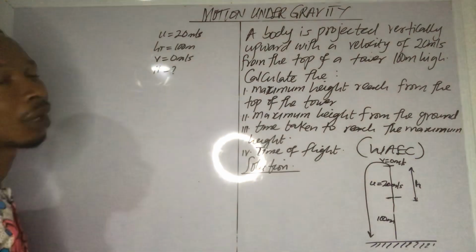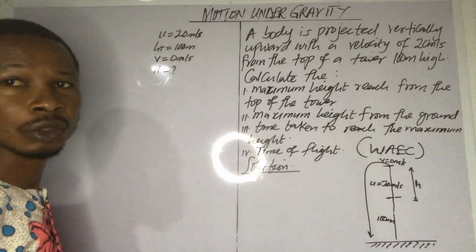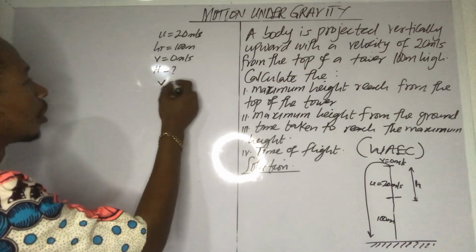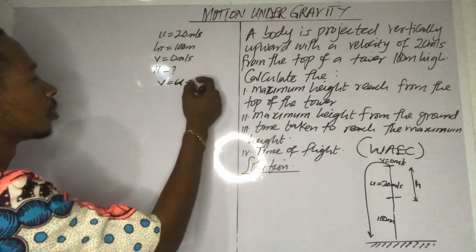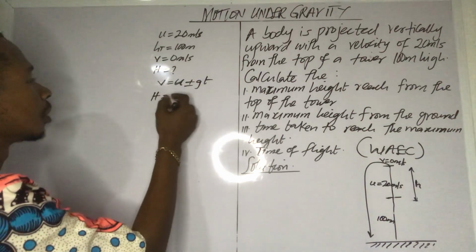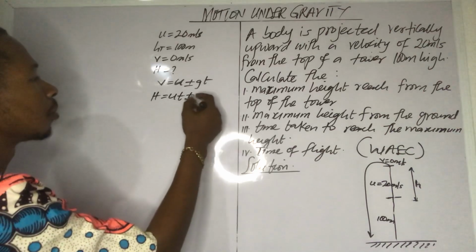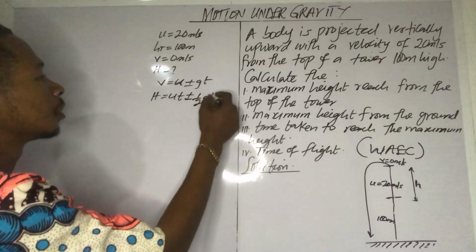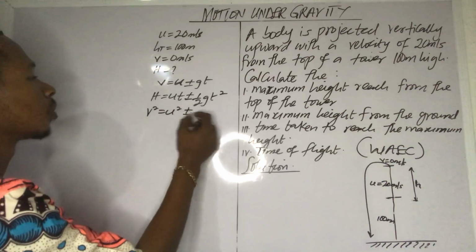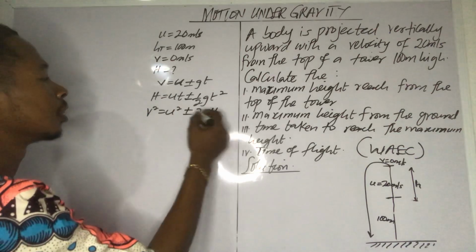If you recall our equations of motion under gravity, the first one is v is equal to u plus or minus gt. Then h is equal to ut plus or minus half gt squared. The last one is v squared is equal to u squared plus or minus 2gh.